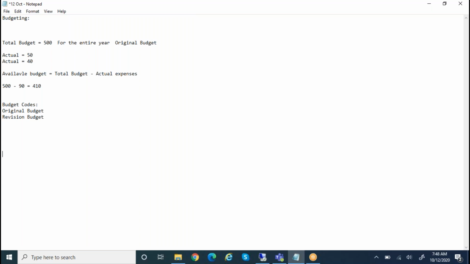So the original budget is initially configured in the month of January. Suppose my financial year is January to December. At the end of December, we have configured one budget amount. But with a revision budget, you are decreasing or increasing the total value. For normal industries, I will decrease the budget because my profit is decreasing.